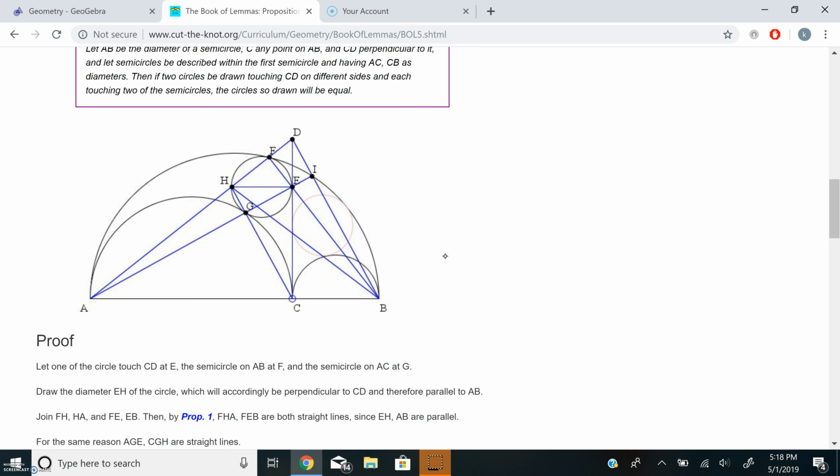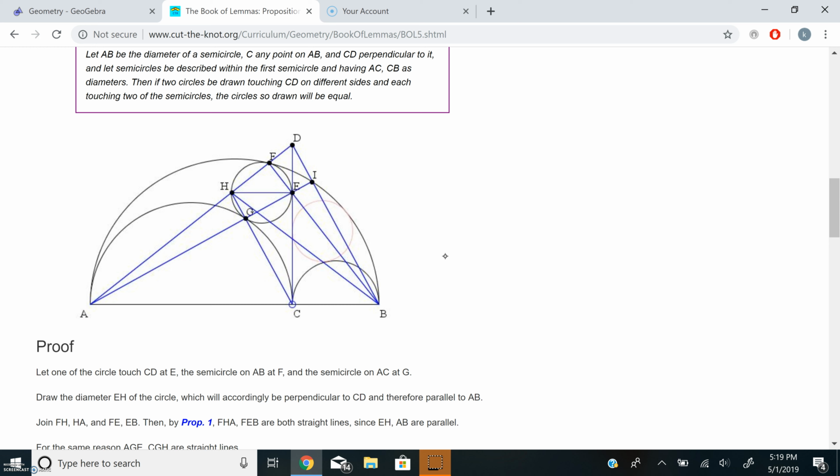And then since angle AFB and angle ACD are both right angles, line segment AE is parallel to line segment BD. Therefore, AE is perpendicular to BI.